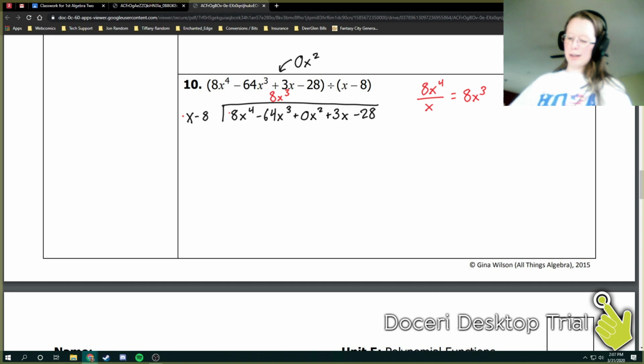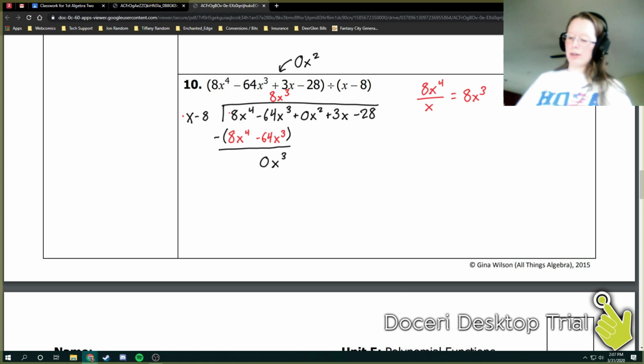Then I'm going to multiply that through. 8x cubed times x is 8x to the 4th. 8x cubed times a negative 64 is a negative 64x cubed. Then I'm going to subtract all of it. We know the first pair always cancel out, but even our second pair, we have negative 64 plus 64. So that happens to be a 0x cubed.